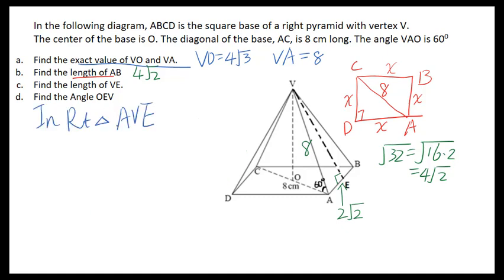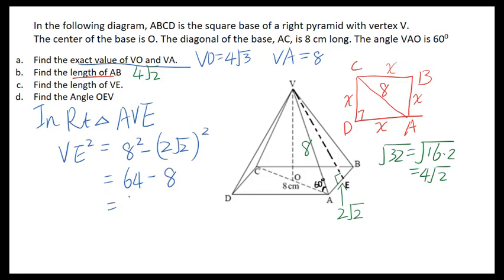In right triangle AVE, we know VE squared equals hypotenuse squared, that's 8 squared, minus 2 square root of 2 squared. You will get 64 minus 2 squared is 4, 4 times 2, that's 8.